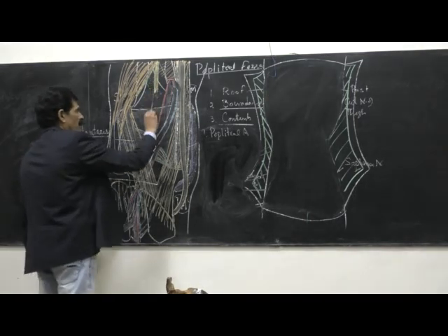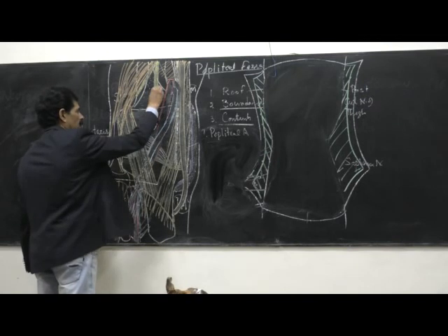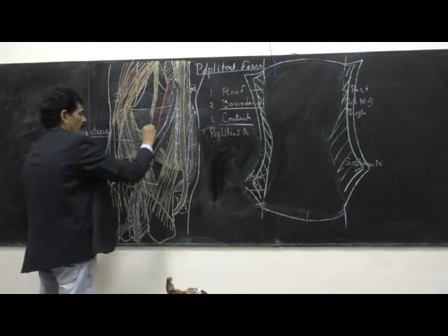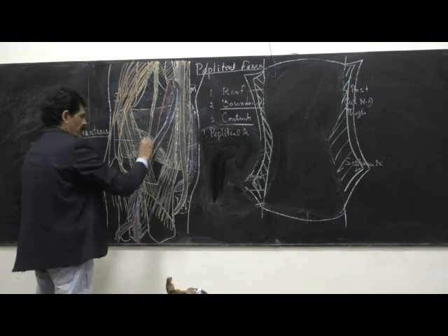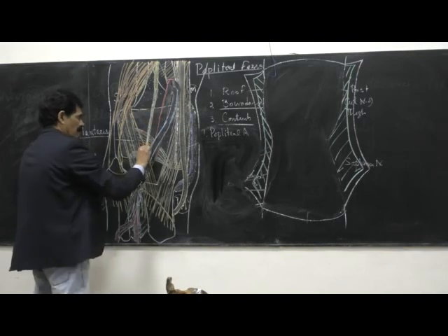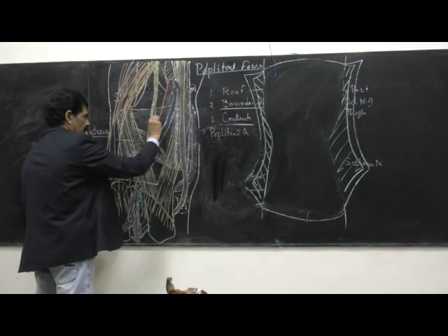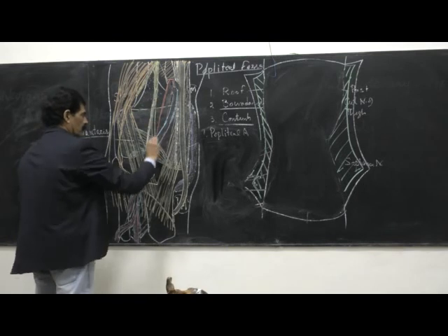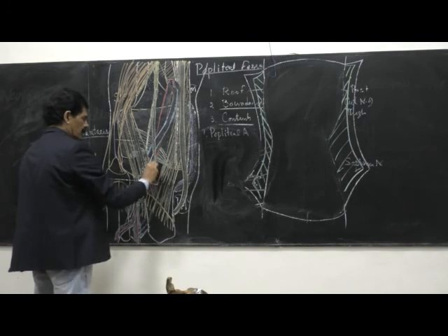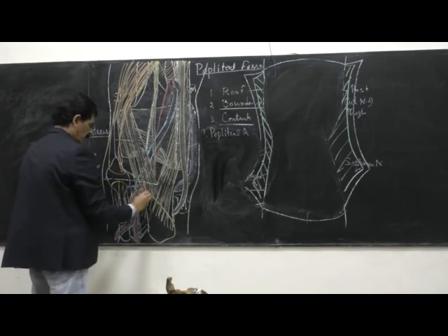The tibial nerve runs downward and it passes over the popliteal vessels towards the upper part of the interosseous membrane.